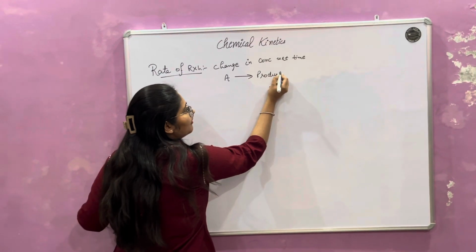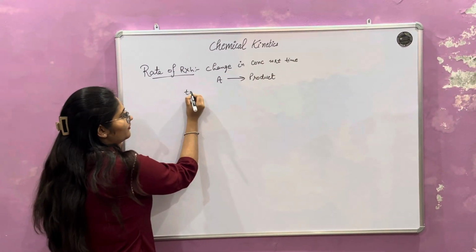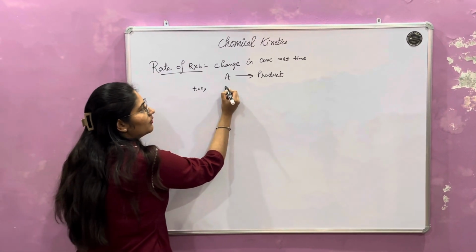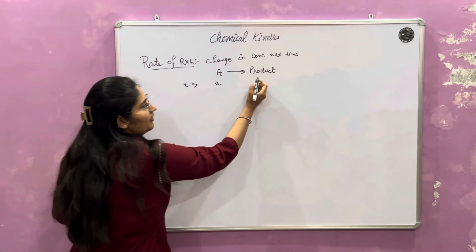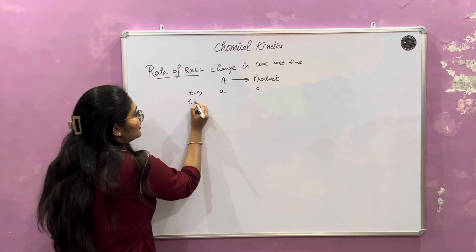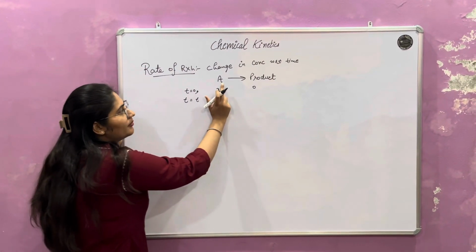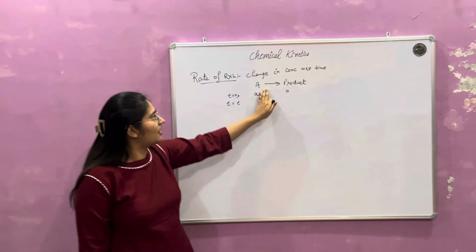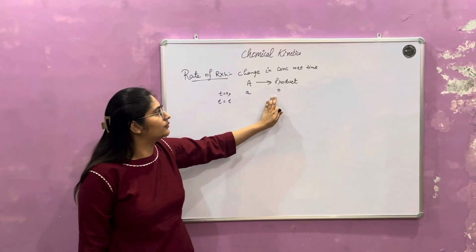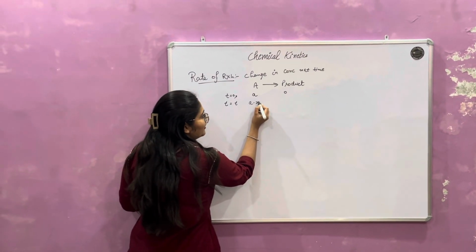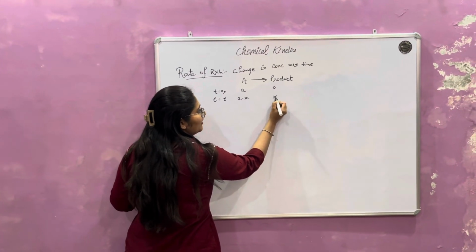At the start of the reaction, or when t is equal to 0, there will be only reactant, no product. And when the time is t, there will be decomposition of reactant, and as much reactant decomposes, that much product will form. Suppose I say A minus x, then there will be production of x.